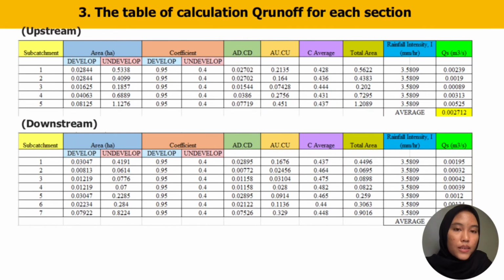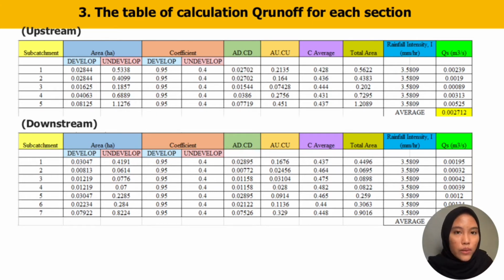And third step is runoff calculation. It is a process calculation for flow rate runoff. So the first step of the calculation is, after we determine the area for each subcatchment, we need to determine the developed area and undeveloped area for each subcatchment.